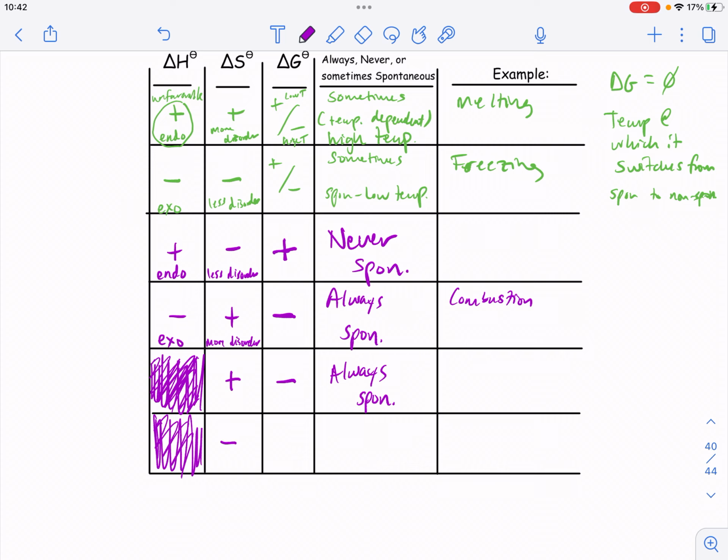But if things become more ordered, so negative entropy change, like organizing or cleaning your room, that will always be non-spontaneous. So that's never spontaneous. And you're always going to have to put in work to create more order or less disorder.